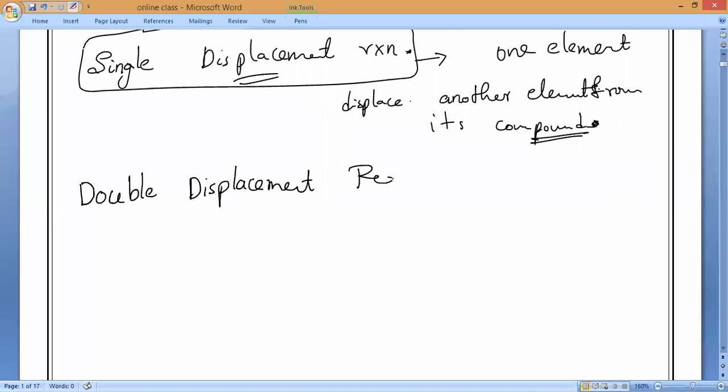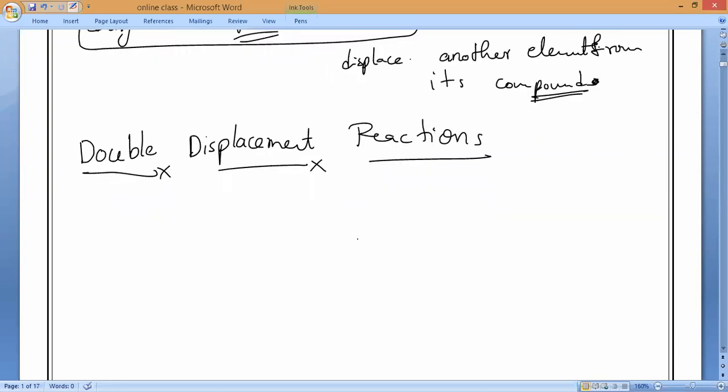Now, if you want to understand double displacement reactions, at the beginning of the chapter, when I was teaching chemical reactions, you might remember in your notebook the reaction between lead nitrate and potassium iodide. Can you tell me that equation?